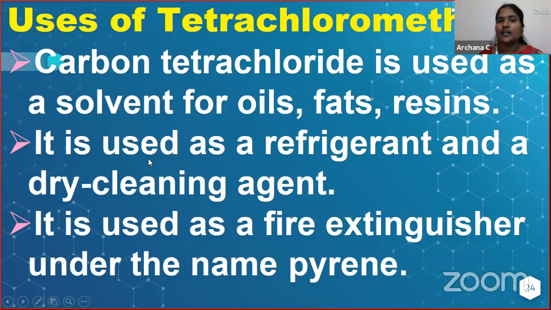It is also used as a refrigerant and a dry cleaning agent. It is also used in fire extinguishers under the name pyrene. These are some of the uses of carbon tetrachloride.